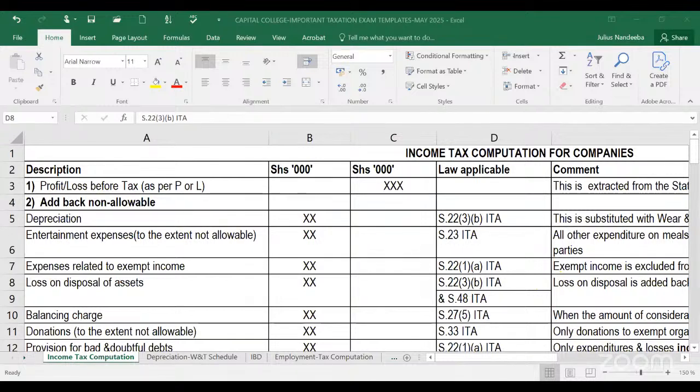As you do your final touches, summarize the incomes that are not taxable so that when you see them in your statement of profit or loss, you go to the tax computation and remove them. Because we are saying, whereas the accountant has included them in the statement of profit or loss, they should be removed. And we're going to see how to remove them.